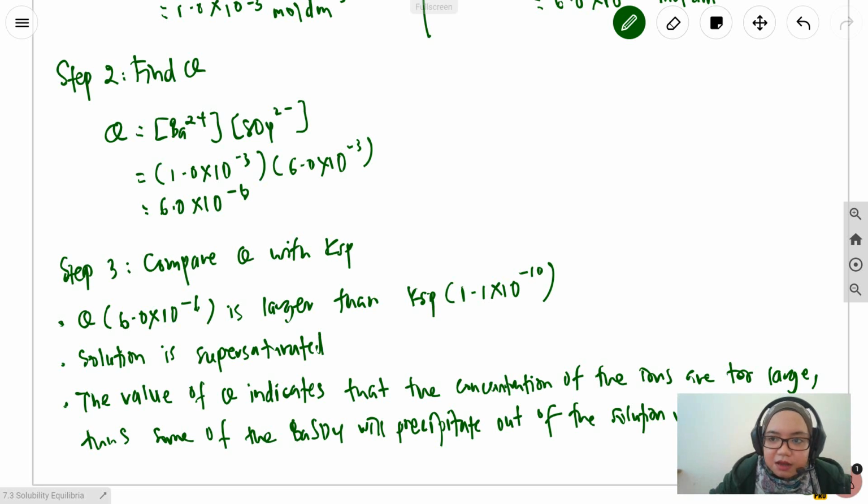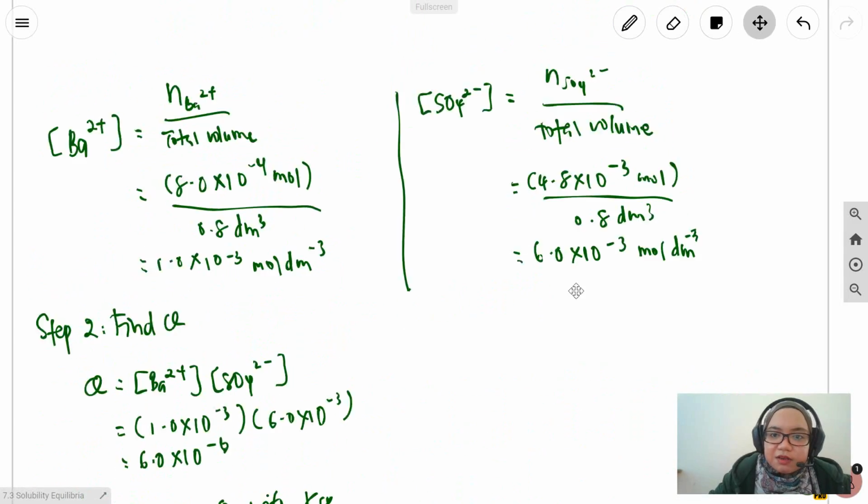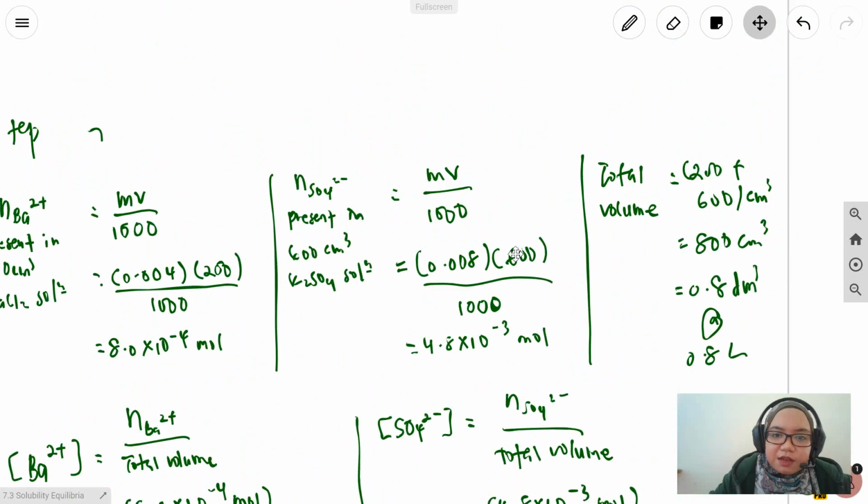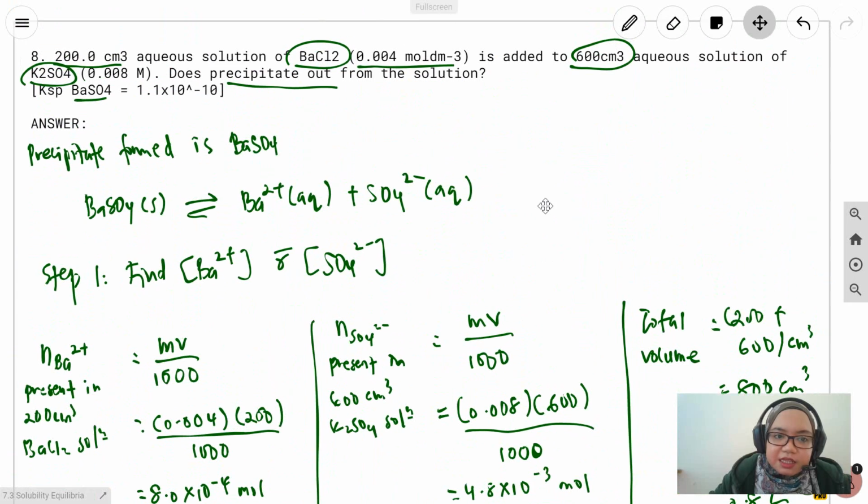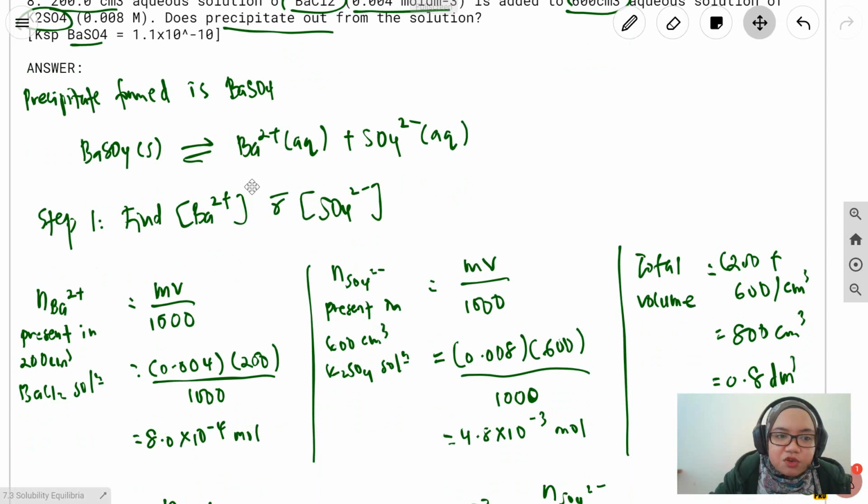Okay? Step sama je. Okay, soalan je sama, step pun sama je. Okay, this is how you answer. Okay, first make sure you tahu apa precipitate yang akan form kalau dia form BaSO4. So buat dia punya chemical equation. Dah buat chemical equation je, you kena tahu yang you nak cari Q kan. Sebab you nak kena compare dengan KSP baru tahu precipitate out ke tak out.